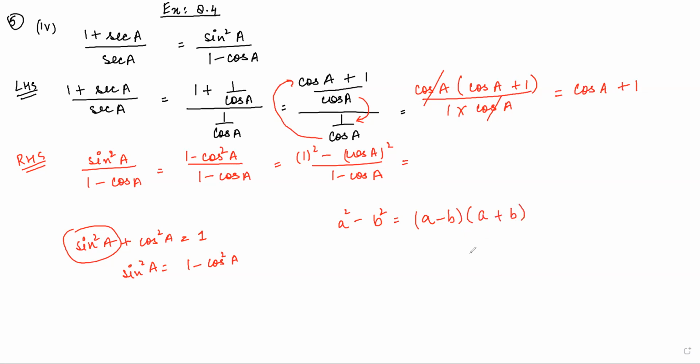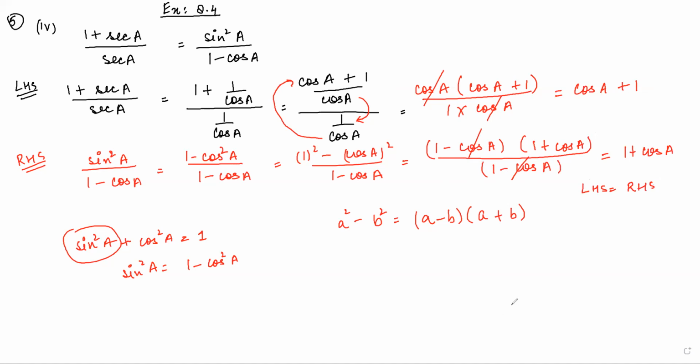So A square minus B square can be written as A plus B into A minus B. So I can write it as 1 minus cos A into 1 plus cos A, divided by 1 minus cos A. Now this whole bracket 1 minus cos A will get cancelled out. So you will get 1 plus cos A. So you are getting your LHS equal to RHS, correct? Yes, ma'am.